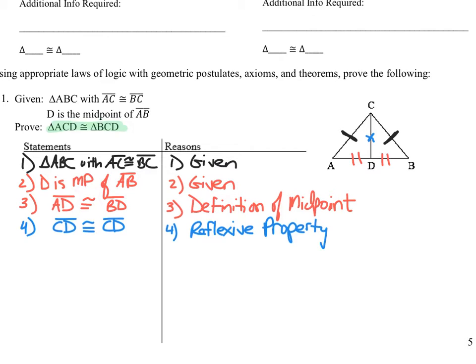Then the two triangles are themselves congruent to each other. So I can now solve the puzzle. Triangle ACD is in fact congruent to triangle BCD, and that would be by the SSS axiom.